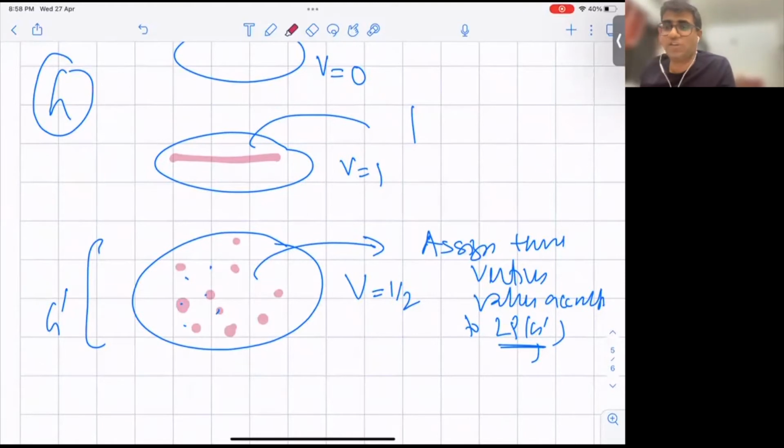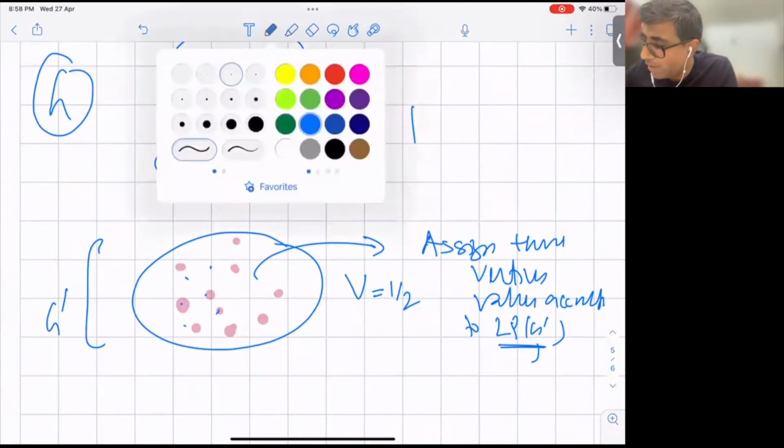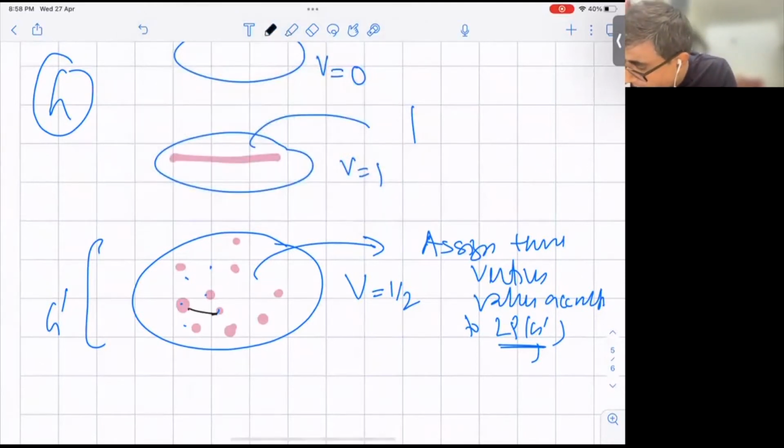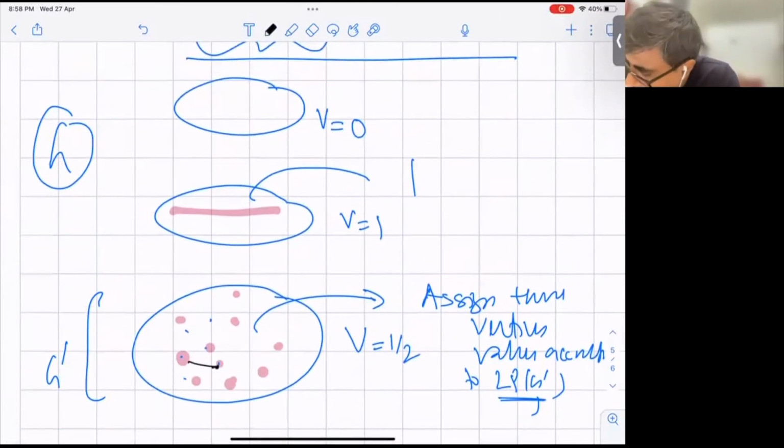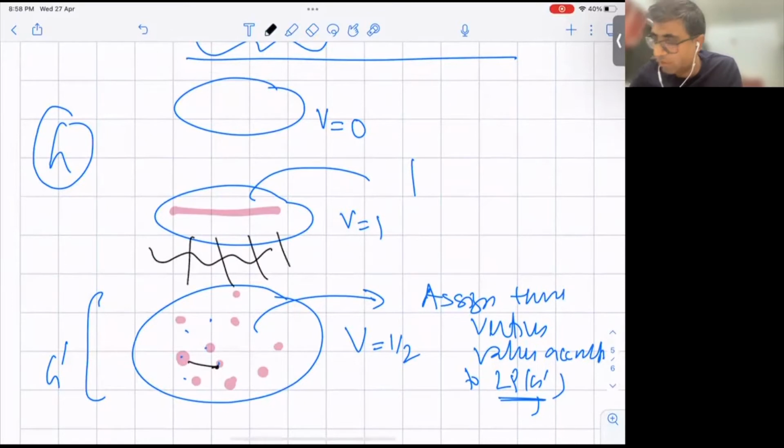But what does that ensure? Look at any edge here. They are satisfied in the sense that their value is greater than or equal to 1. Now, what did I do? In G, I assigned every vertex in V equal to 1 the value 1. Now, look at any cross edges.